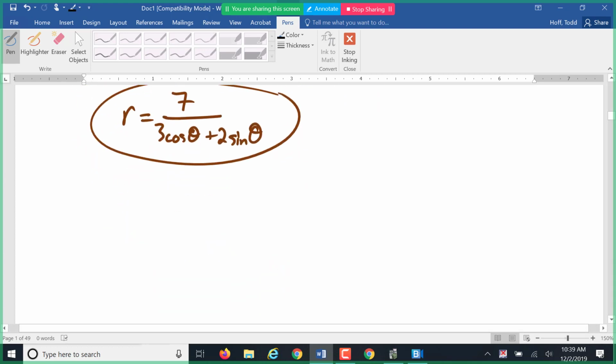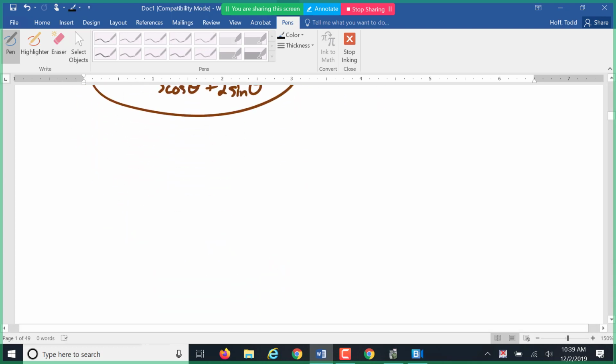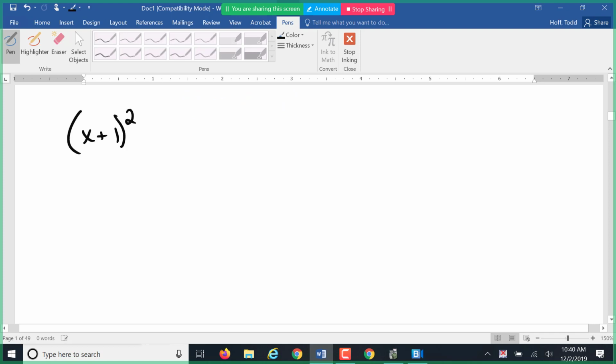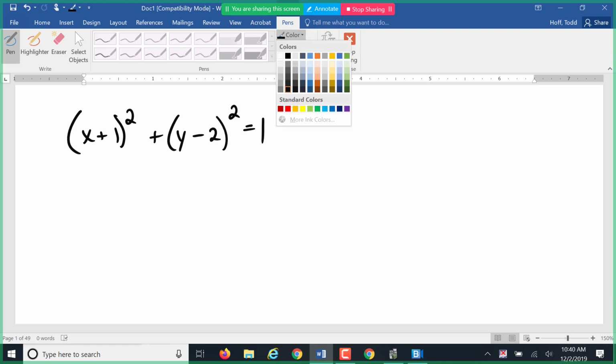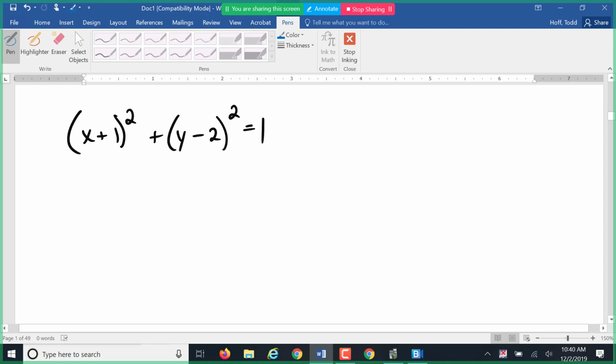Let's take something like our equation for a circle. X plus 1 squared plus y minus 2 squared equals 1. Well, we would make that same substitution. X equals r cosine theta plus 1 squared.